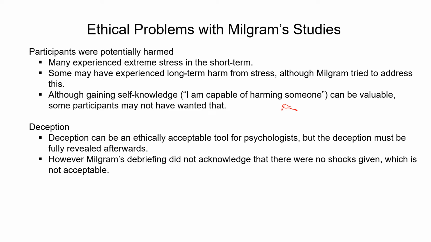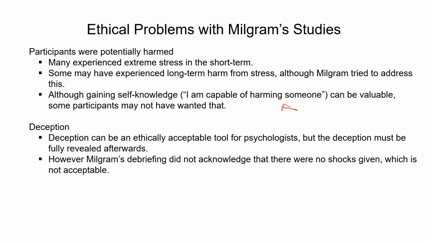So an experiment like Milgram's study could potentially be done today, but it would have to be very controlled, and it would have to be done in such a way that the participants would get therapy afterwards to remove any potential negative effects, especially negative long-term effects, that occurred during the study.